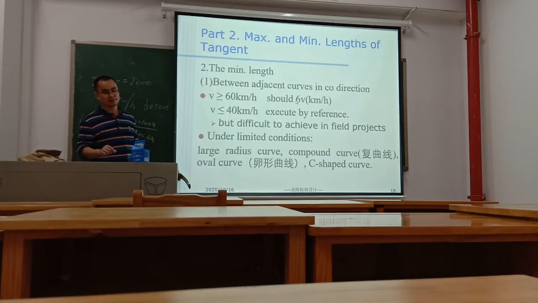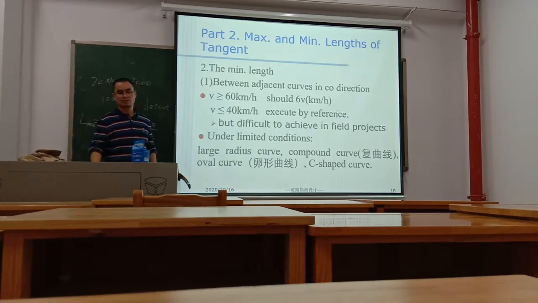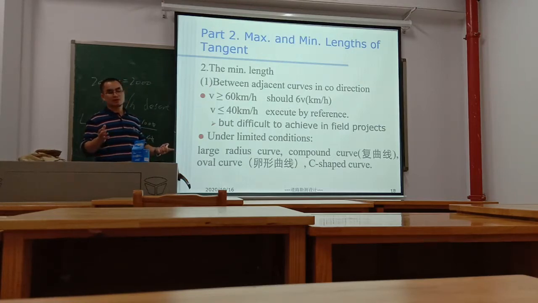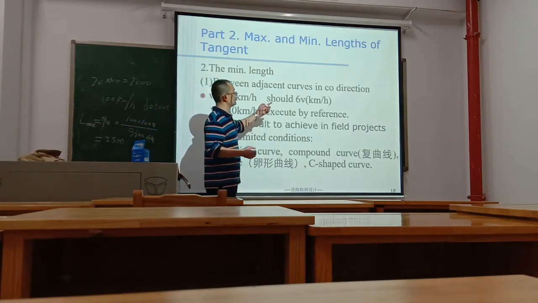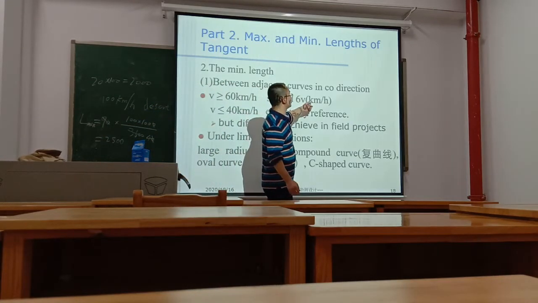The minimum length of the tangent between adjacent curves in the same direction is 6 times the velocity V. The unit is kilometers per hour.